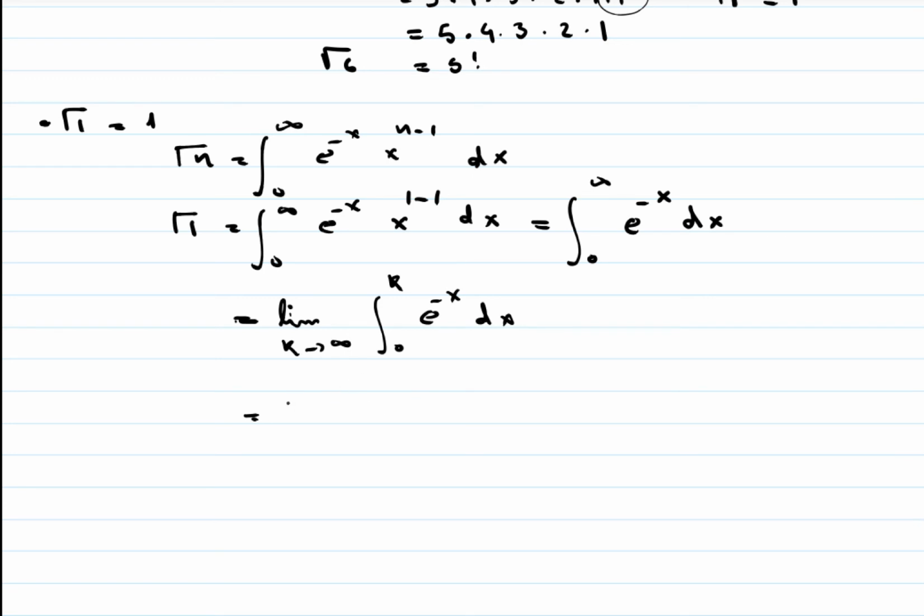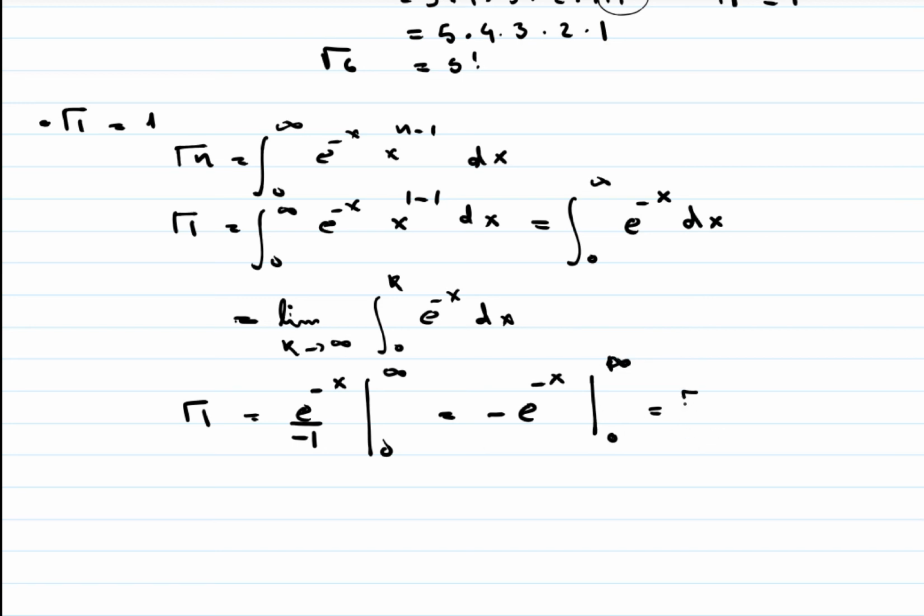So what you're going to get here is gamma of 1 equal to e raised to minus x divided by minus 1, from 0 to infinity. This can be written as minus e raised to minus x, from 0 to infinity.